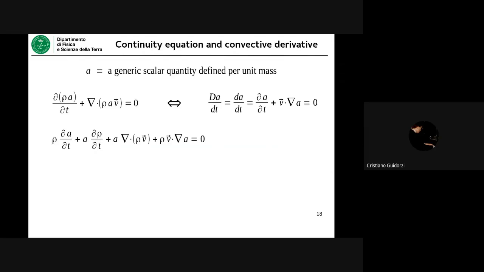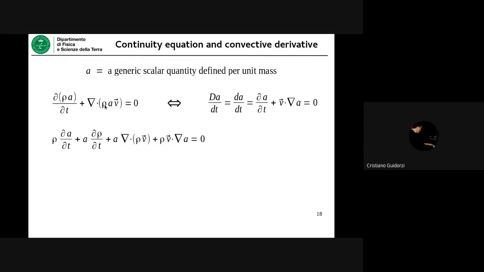Well, let's start from the continuity equation and let's develop all these derivatives. In particular, here you have the time derivative of a product, so you have these two terms. And then you can look at the divergence of this term as the product of two factors: a vector field, which is rho v, times a scalar function A. So you first calculate the divergence of rho v, so you can just take A out of the divergence, and then of course you have to do the other way around.